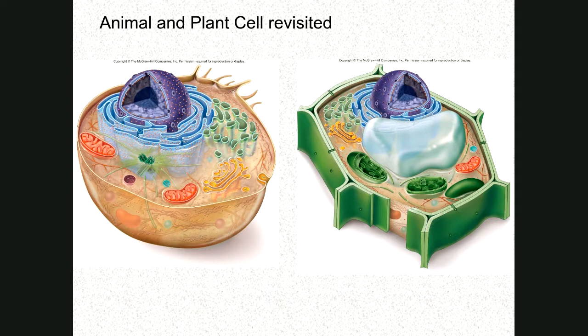The endomembrane system includes the nuclear envelope that is in continuity with the rough or smooth ER. The Golgi, they are in contact via vesicles, and the plasma membrane. Lysosomes, all right?